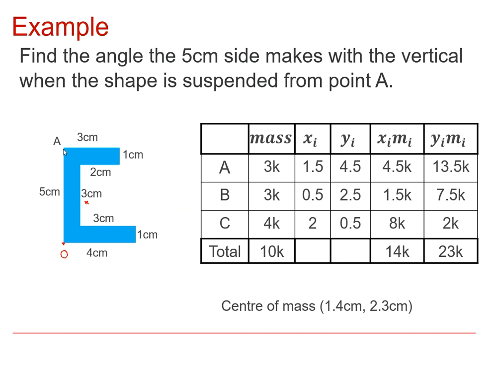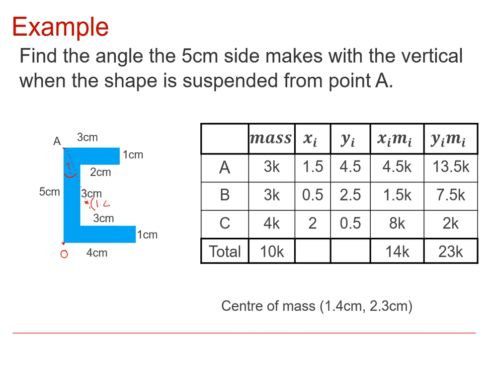So if this is to be suspended from point A, then this line between point A and the centre of mass is going to end up being vertical. And so the angle that we're interested in is going to be this angle here. Now in order to work that out, we need to think carefully about where that centre of mass is.